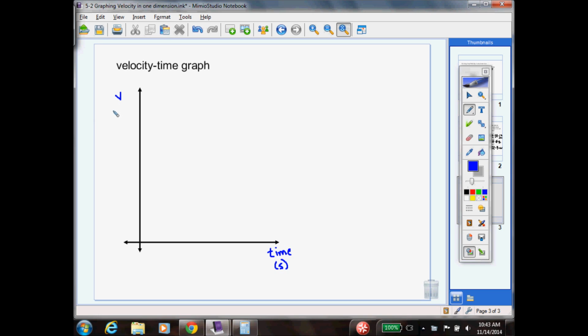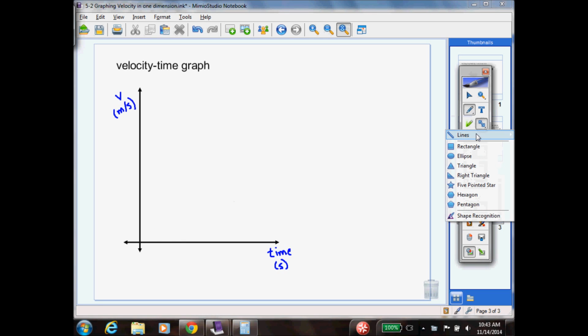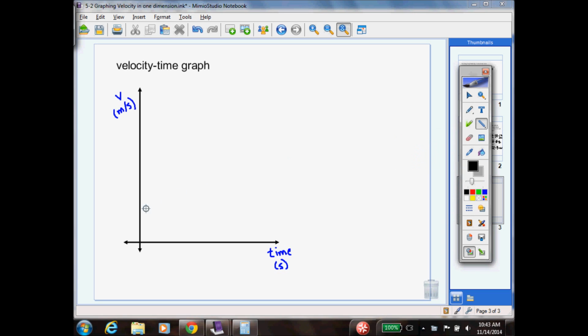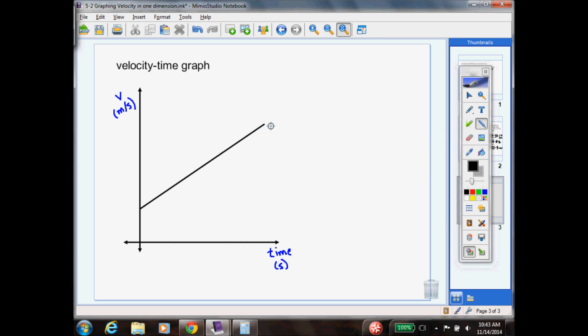What's a typical velocity unit? Meters per second in science, we'll do that. I do want to make a straight line along that graph. So we have a straight line on a velocity time graph. Now that's going to be a little different than a straight line on a position graph.